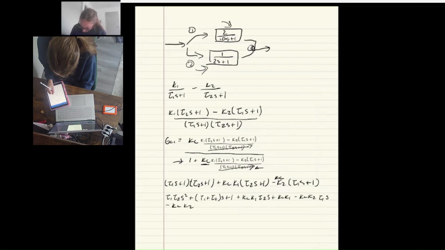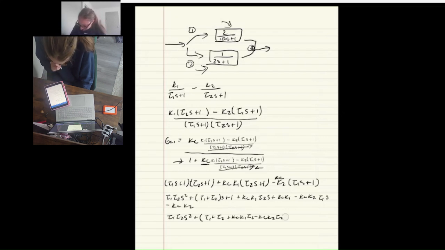So we have our first one, tau 1 tau 2 s squared, plus all of the ones that have s's in them, brought together: tau 1 plus tau 2 plus Kc K1 tau 2 minus Kc K2 tau 1, times s, and then plus Kc times K1 minus K2, plus 1, equals 0.